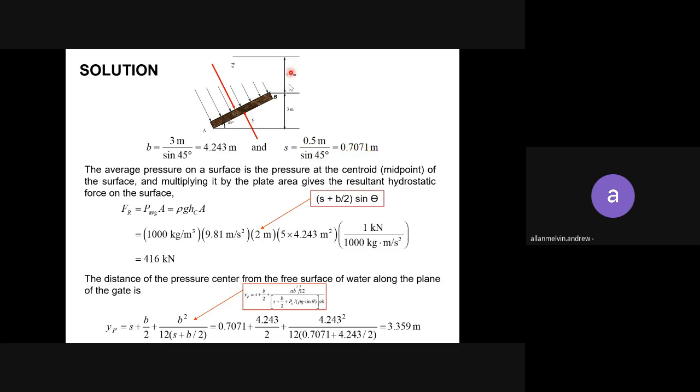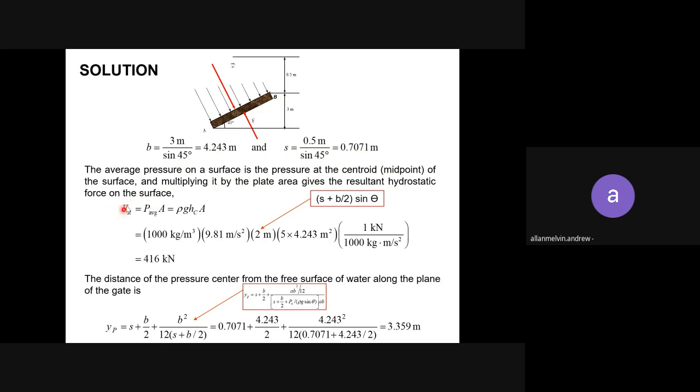So don't take 0.5; take this value as S. The average pressure on the surface is the pressure at the centroid, the midpoint of the surface, and multiplying it by the plate area gives the resultant hydrostatic force on the surface. This is the formula.